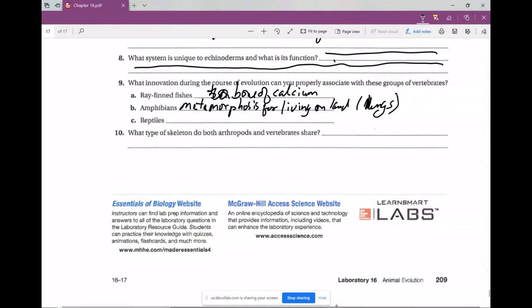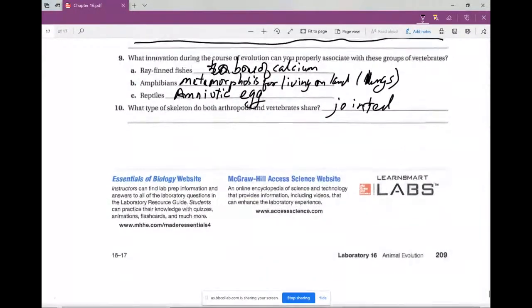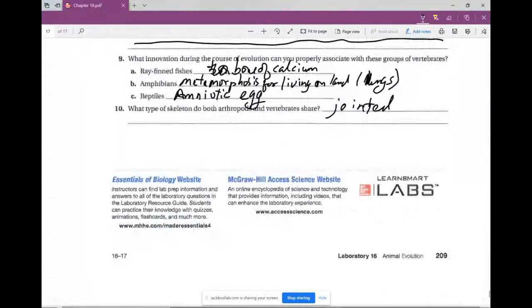Yeah, maybe just lungs. Reptiles: the amniotic egg. What type of skeleton do both arthropods and vertebrates share? A jointed one. And that's the last page.